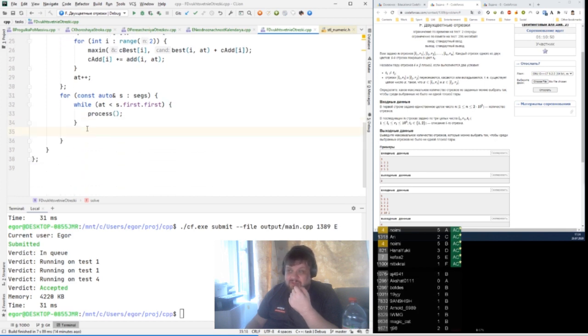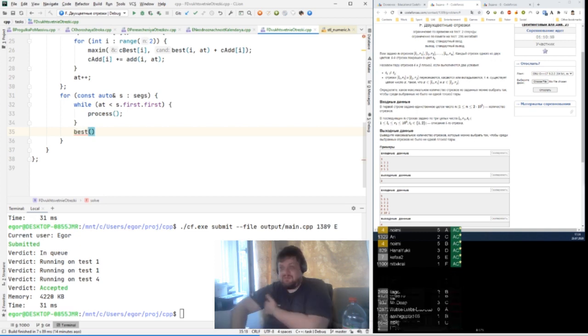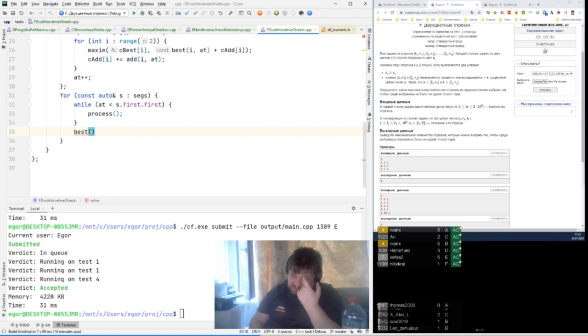But here we have quite a simple segment tree. We just need to add on a segment and return the maximum on a segment. These are very easy, very simple operations.